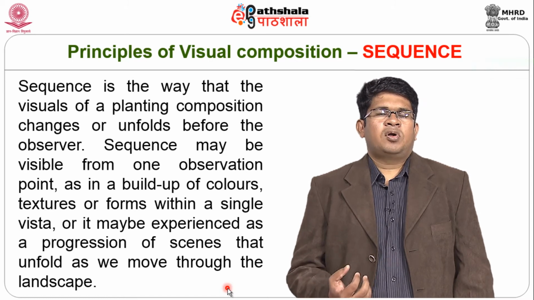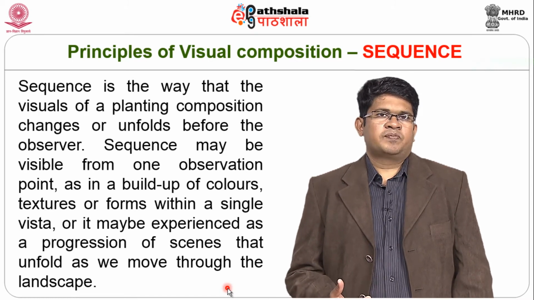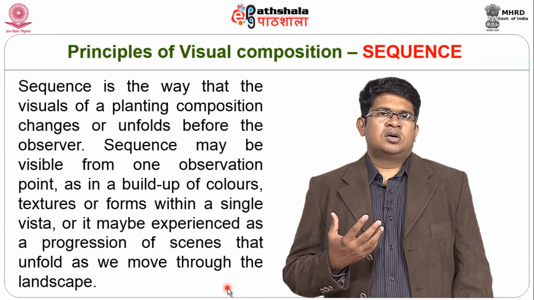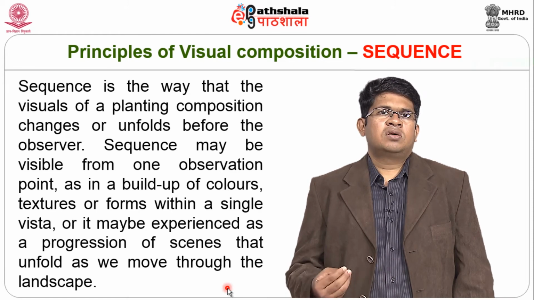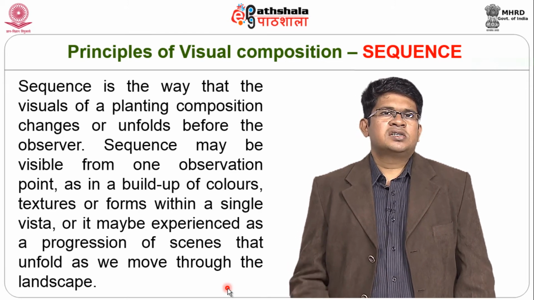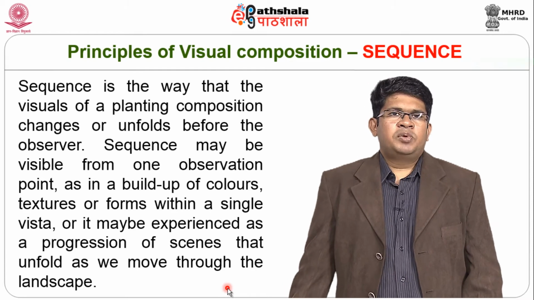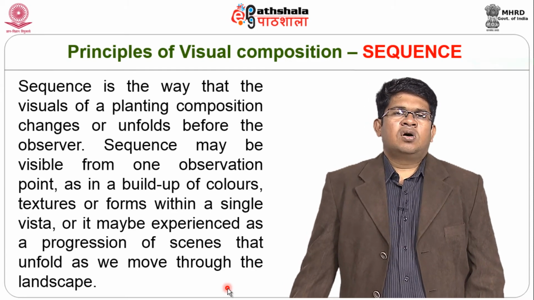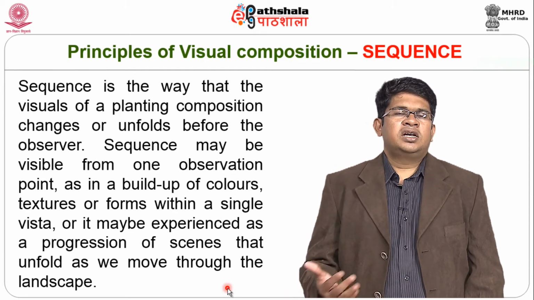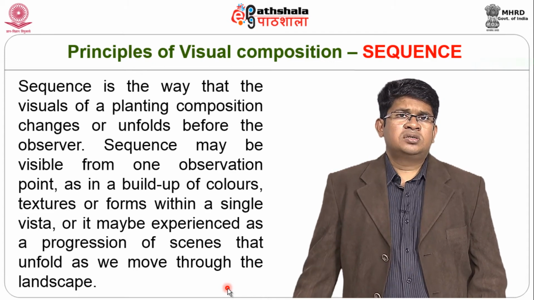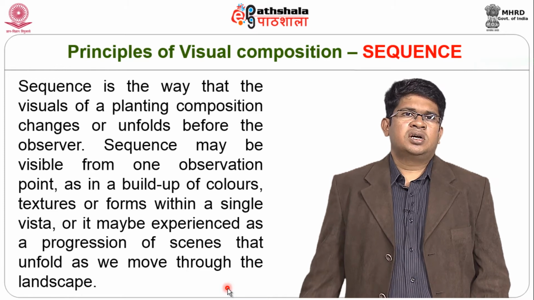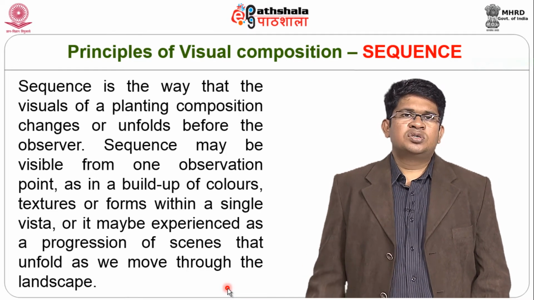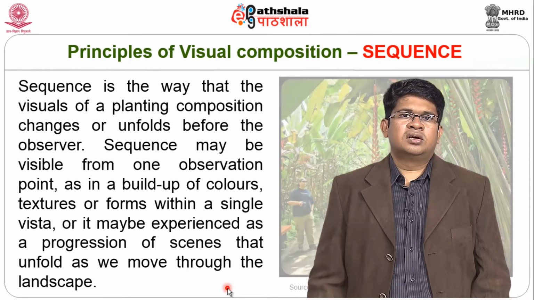So there is a progression of observation, and one can achieve a sense of sequence by bringing in the order of observation in an interesting manner, so that one can appreciate the design landscape. On the other hand, it can be a progression of scenes, how the entire scene pans out before the eyes of the observer as one starts to move along this area.